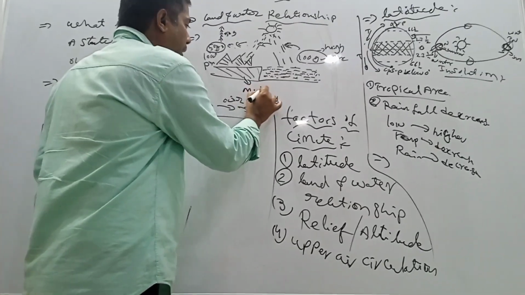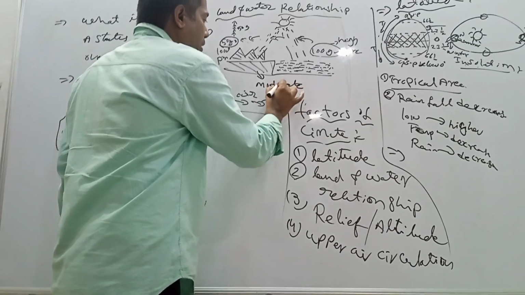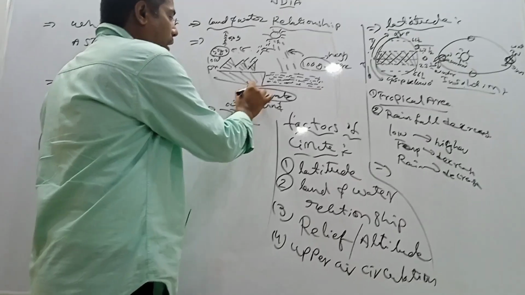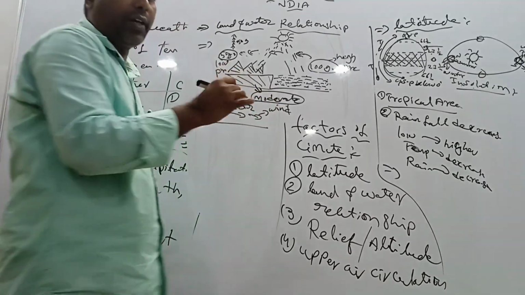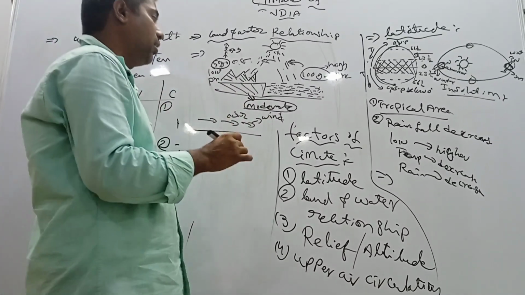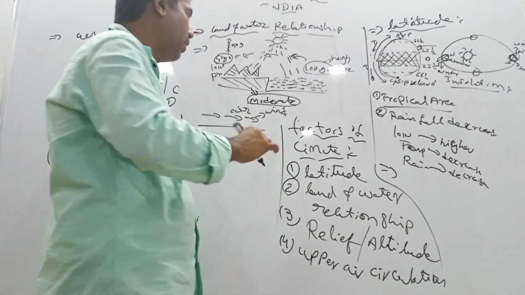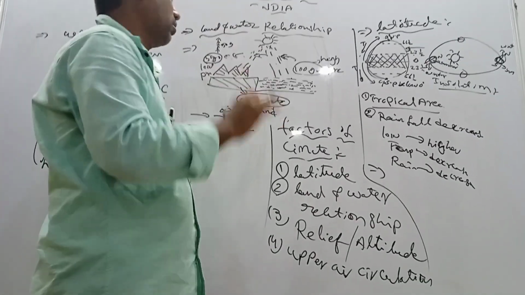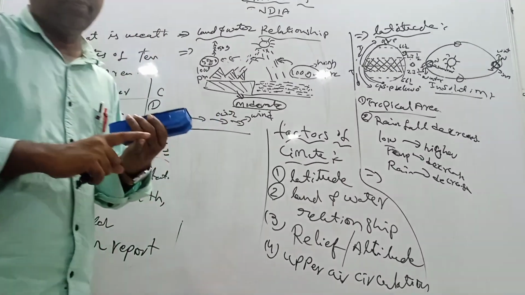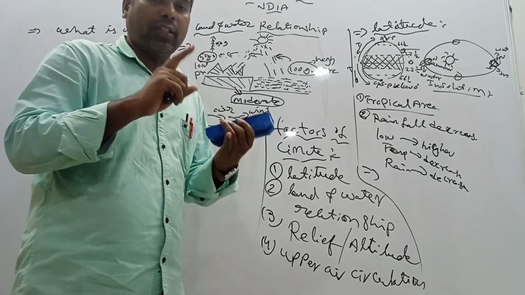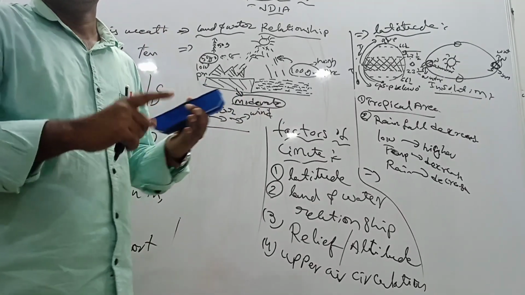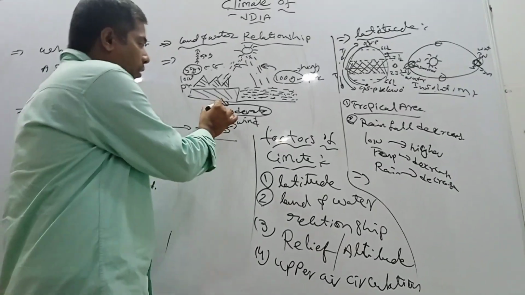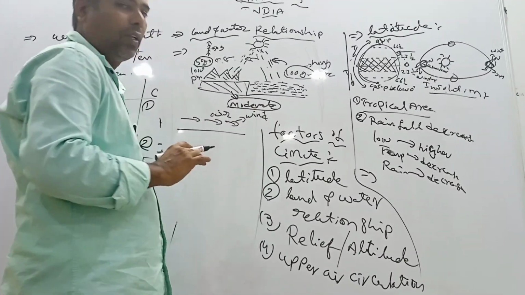Moderate climate is recorded in seashore areas. For example, Visakhapatnam, Kolkata, Chennai, Mumbai, Goa are moderate climate areas.